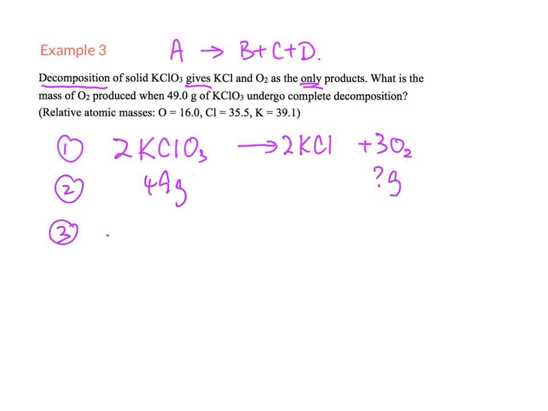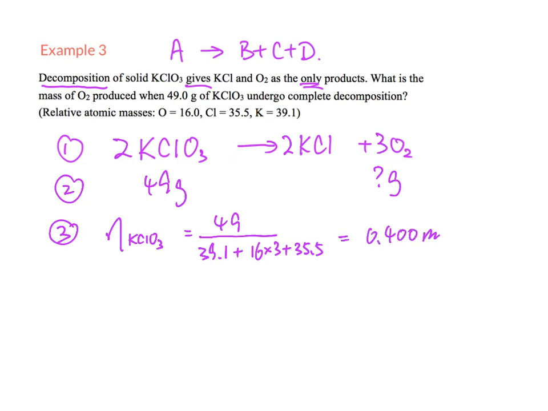So first of all, we can find the number of mole of KClO3. You get 49 gram divided by (39.1 plus 16 times 3 plus 35.5). So this one will be 0.400 mole.